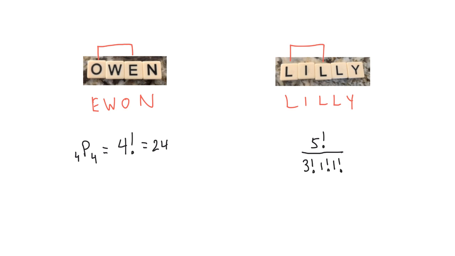Of course, dividing by 1 isn't going to change the computation, but you can do it for illustrative purposes. So when we simplify here, I've got 5 times 4 times 3 factorial over 3 factorial times 1 times 1. The 3 factorials cancel out, and Lily's name can actually only be rearranged in 20 distinguishable ways. So Owen wins that battle.